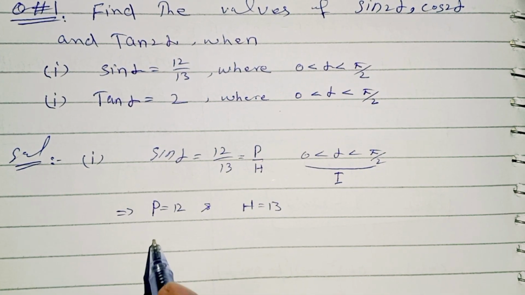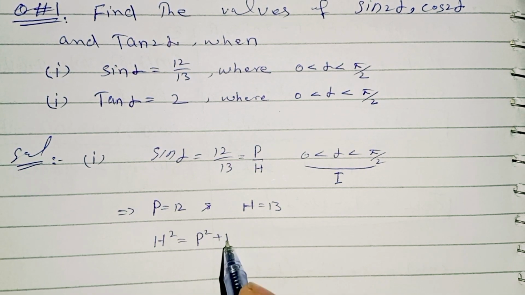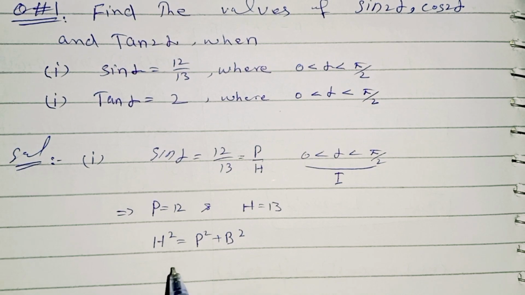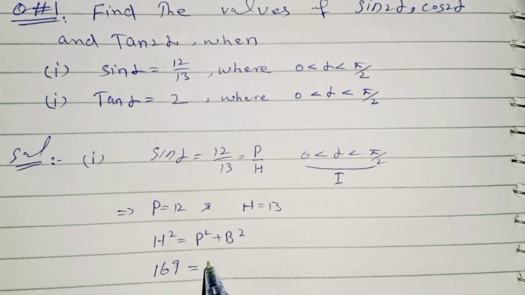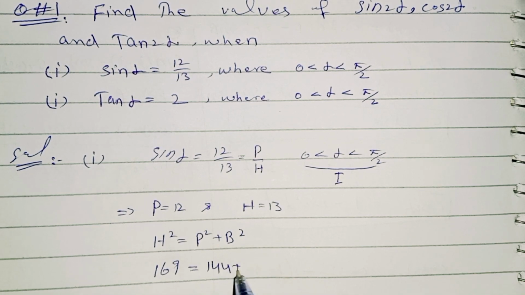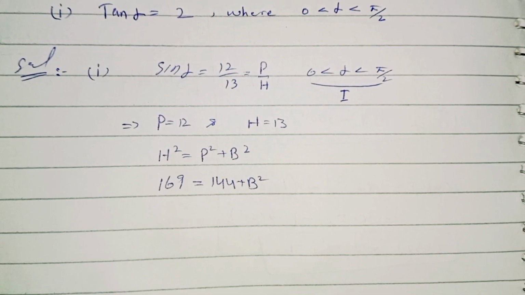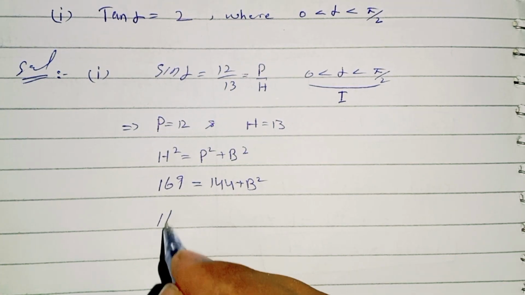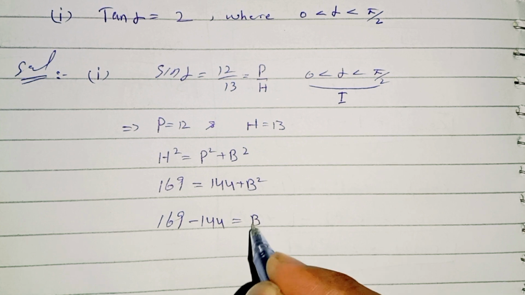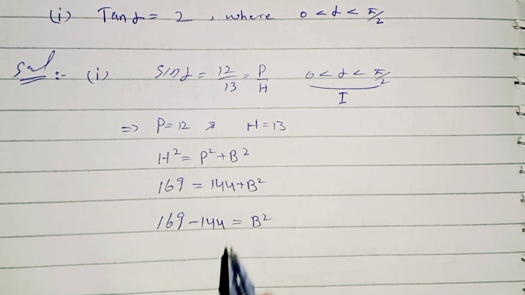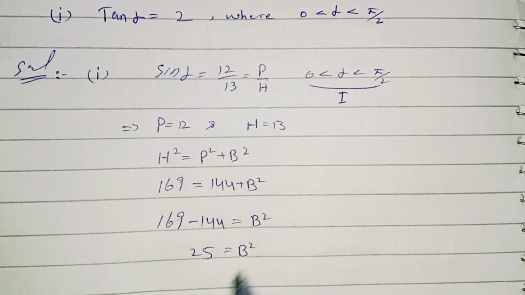By using Pythagoras theorem, H square is equal to P square plus B square. 13 square, 169, is equal to 144 plus B square. 169 minus 144 is equal to B square, and 169 minus 144, equal to 25, is equal to B square.